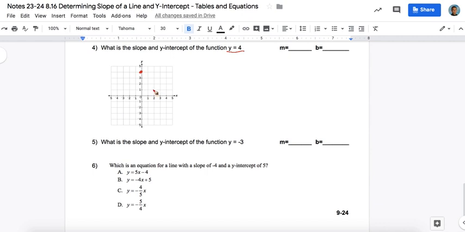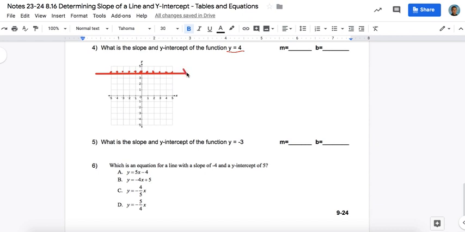But if y equals 4, what that means is all the y's are 4. So let's make all the y's 4: 4, 4, and 4. Now get your ruler, and what kind of a line did this make?